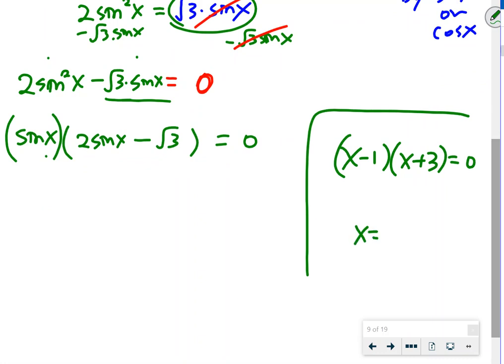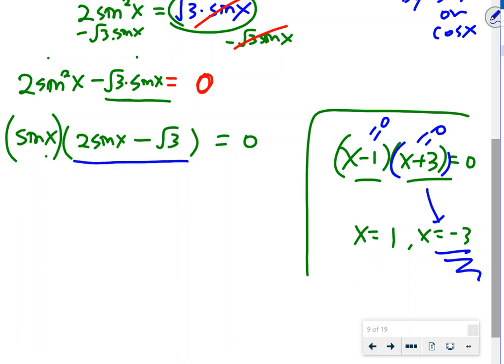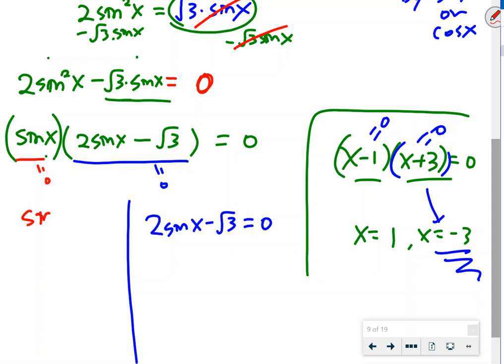Then I'm getting x equals 1 from here, and x equals negative 3 from here, by setting each parenthesis equal to 0. That's how you get this, right? I'm going to do the same thing. So set this entire thing equal to 0: sine x times (2 sine x minus radical 3) equals 0. The first parenthesis set equal to 0 means I'm getting sine of x equal to 0. And from here, you're getting multiple answers.